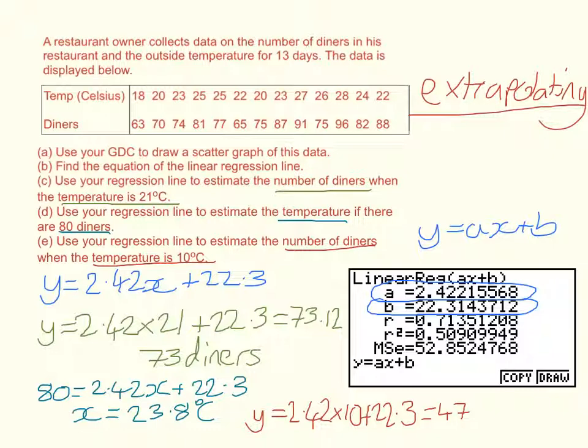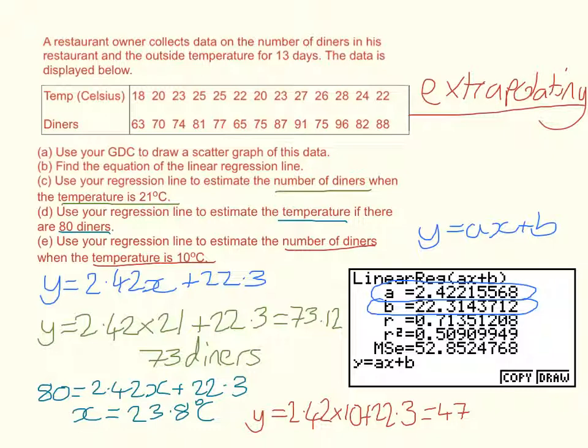And it might be that our regression line doesn't fit for a temperature that low. So if you're ever looking to use your regression line for data that's outside of the range that you've got, you are extrapolating, and this might not be valid in that particular instance. For the other two, however, we were inside the range, and that's okay because we know that the regression line works within that data range.